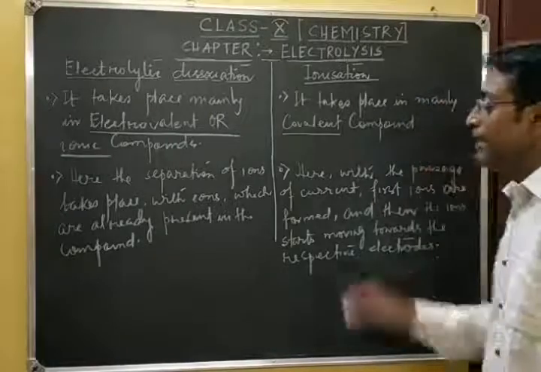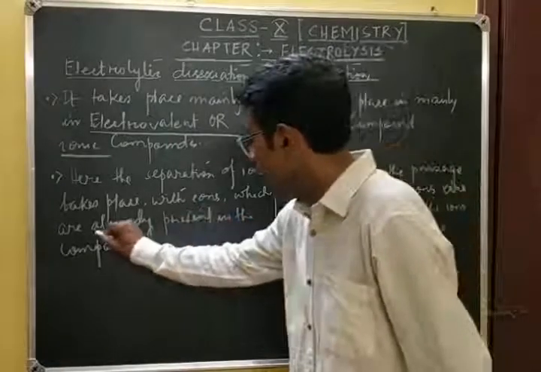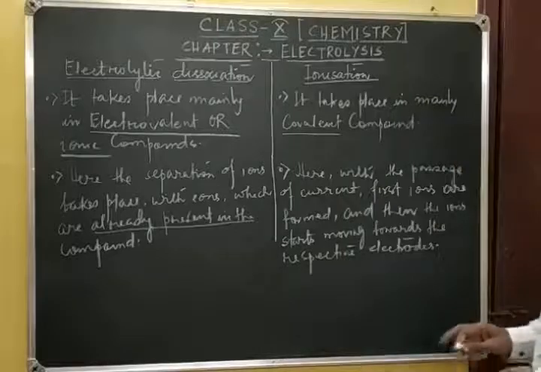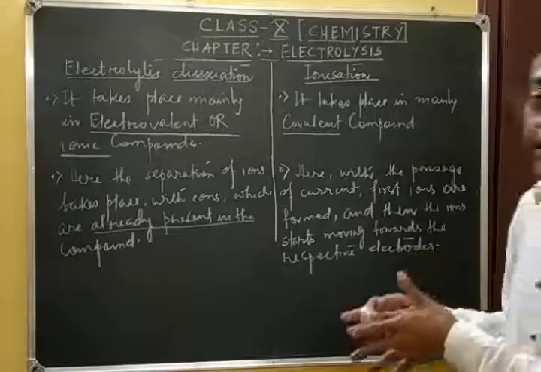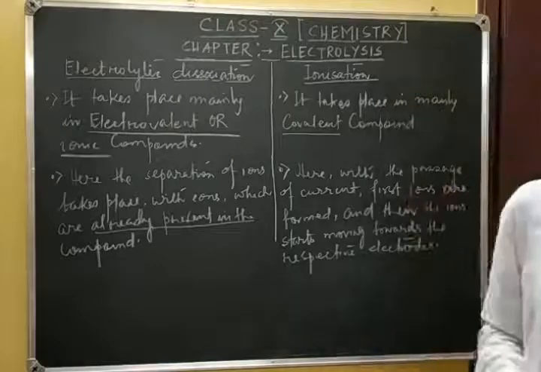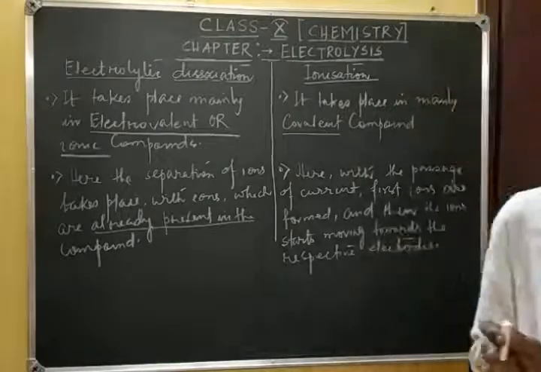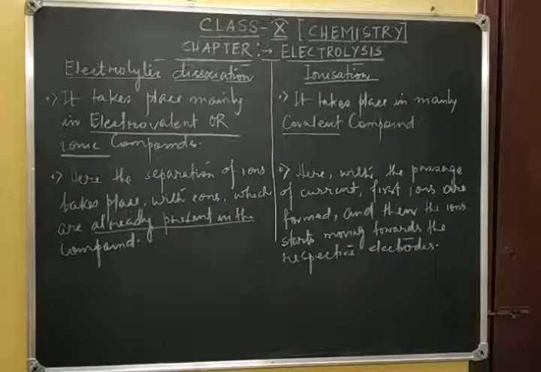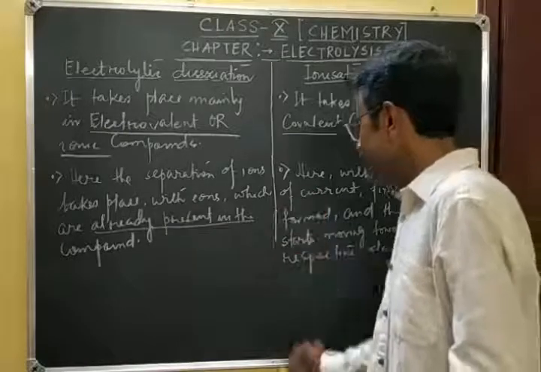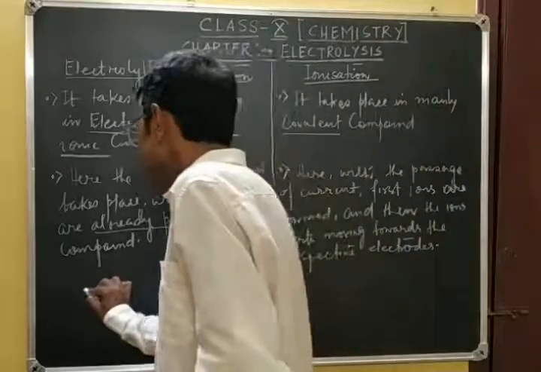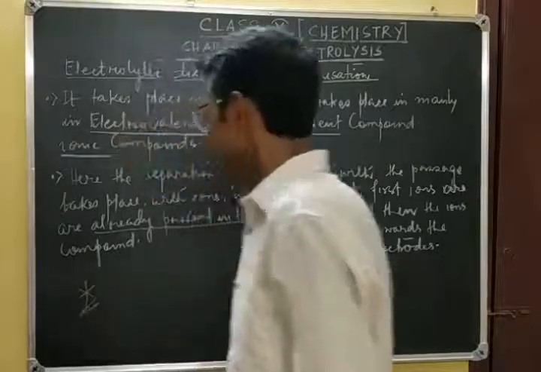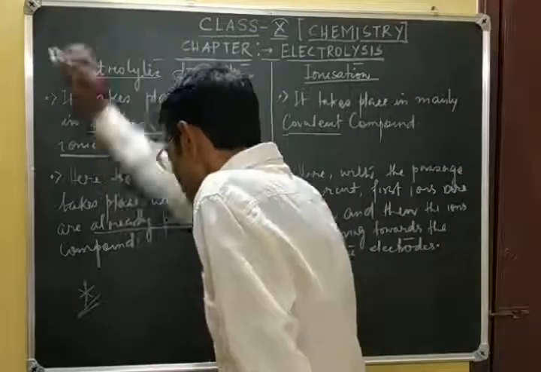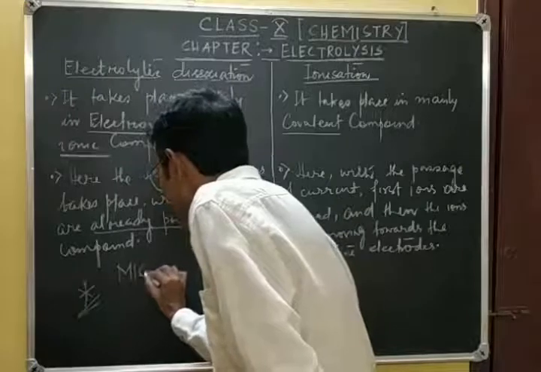So remember, what is the difference here? In dissociation, ions are already present in the compound. But in ionization, when we apply electricity to the covalent compound, first the ions are formed, and then those ions start moving. Now write one thing very, very important for the migration of ions.